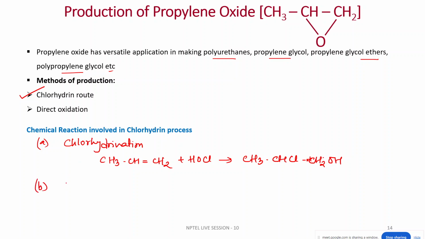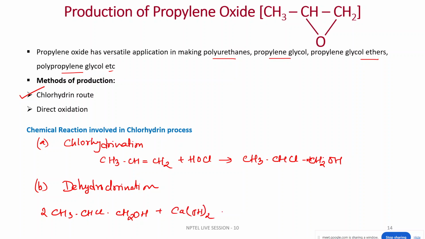The next step is dehydrochlorination, where this product is reacted with calcium hydroxide and it forms the propylene oxide, with calcium chloride as a byproduct.